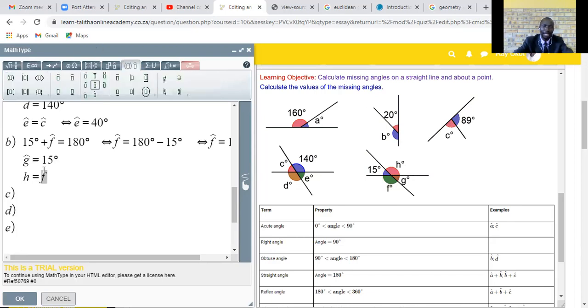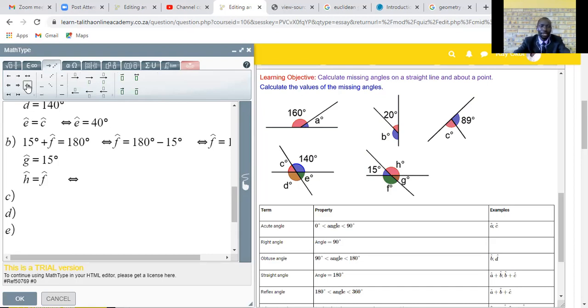And because of that, we can just substitute F with the value that we calculated, which is 165.